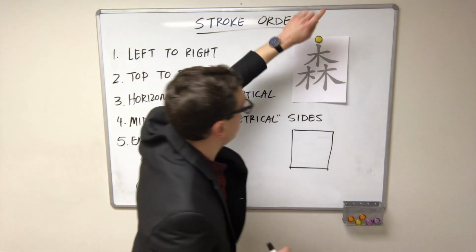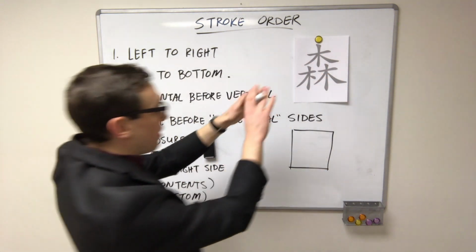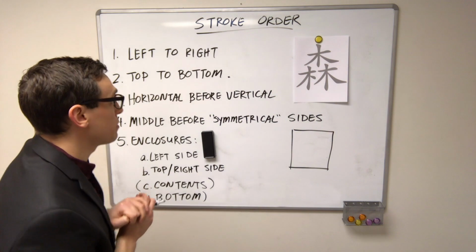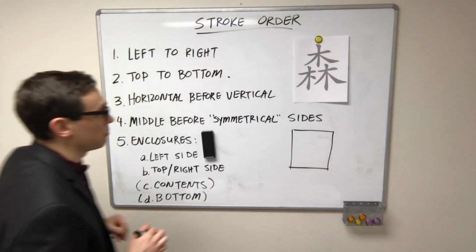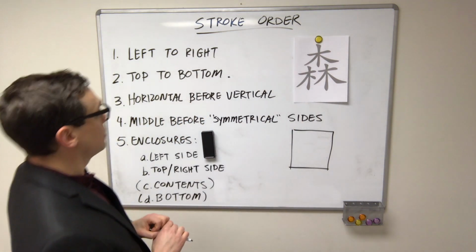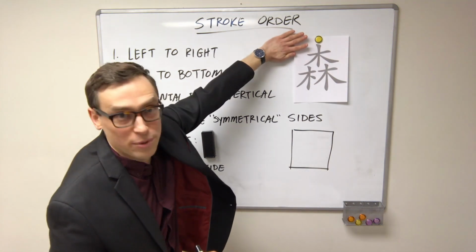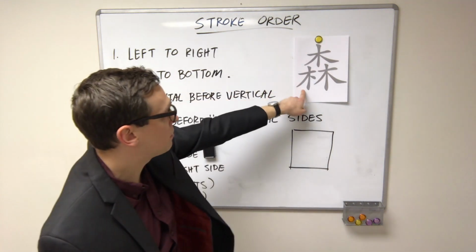So we have a crosshair, and then we have a left and a right, relatively symmetrical thing going on here. So what happens when we have a crosshair? Horizontal before vertical. And which one of these should I do first? The top one. You might be thinking, shouldn't left be going before right? We have a left one here.